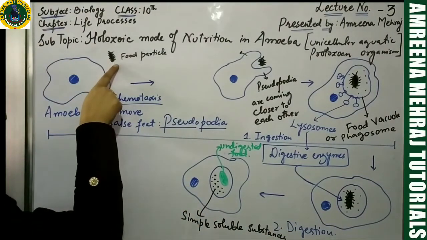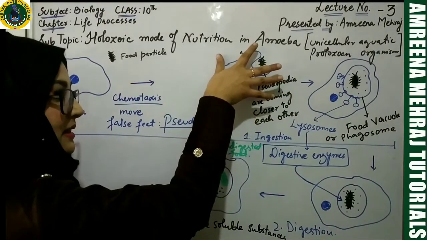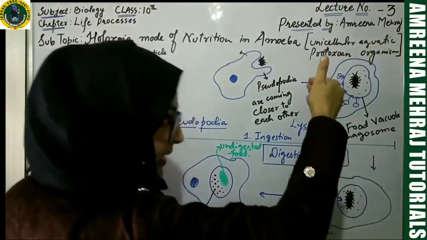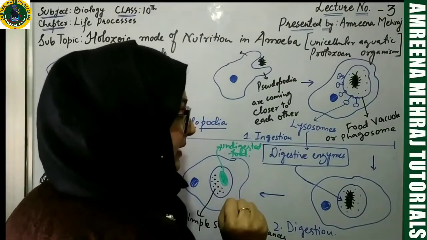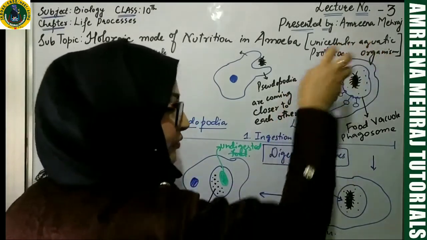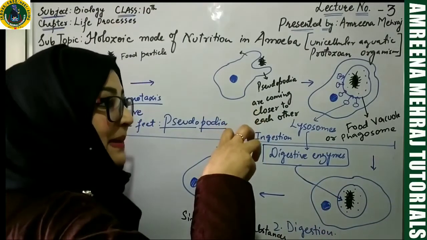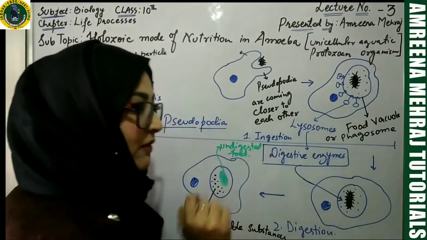There was a food particle. Amoeba produced the pseudopodia. It tried to trap the food particle. It successfully trapped the food particle and inside you get the food vacuole containing the food particle. Now what is attacking the food vacuole are the lysosomes. They are basically releasing their digestive enzymes into the food vacuole.